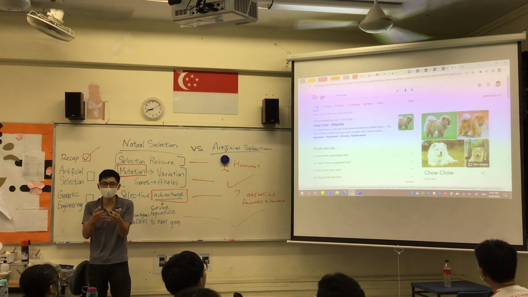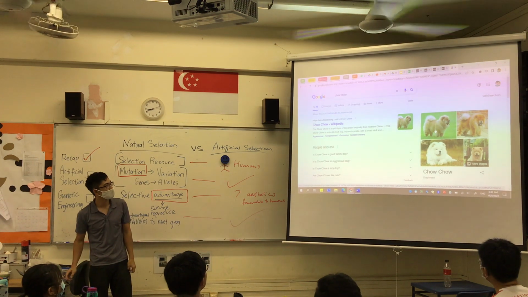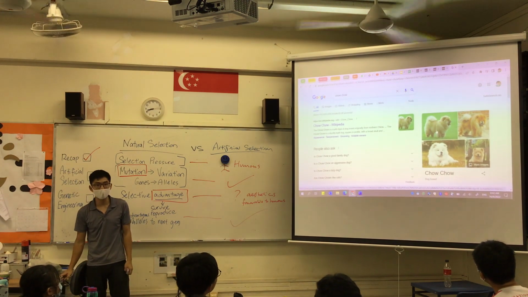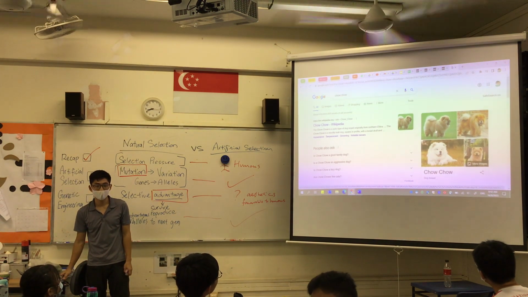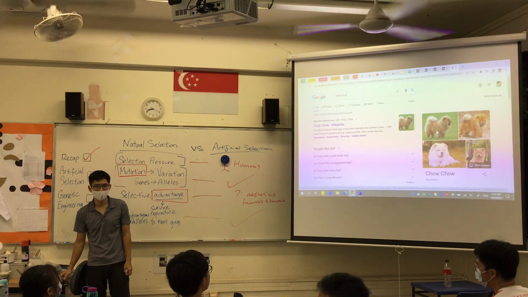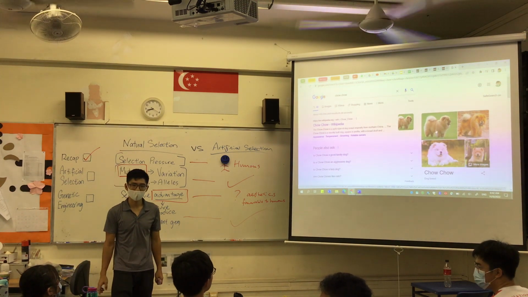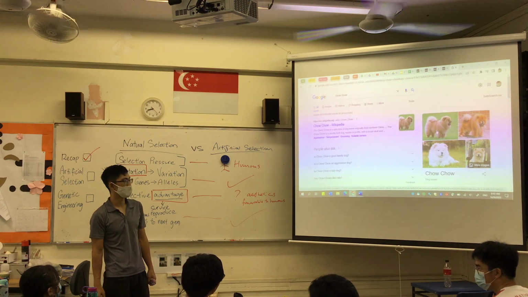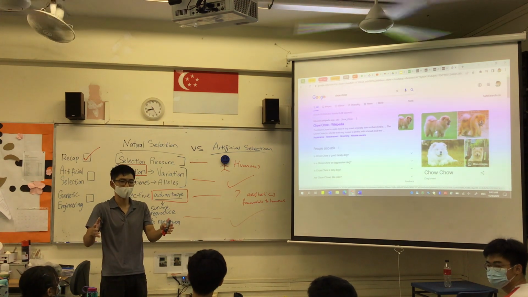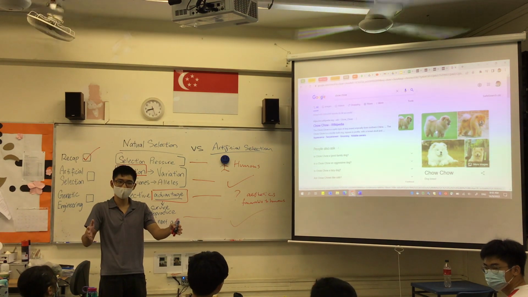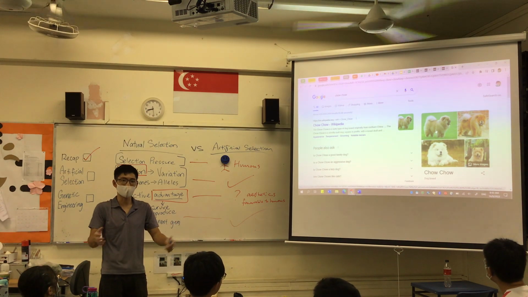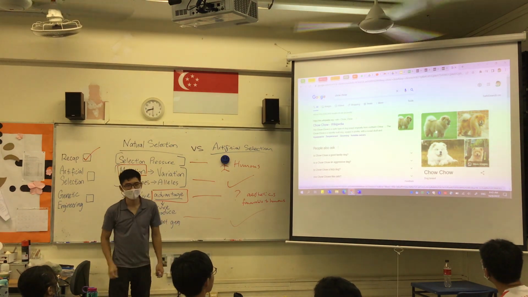I thought chow chow sounds small. Oh, it's huge, huh? It's from China. Is yours big? It looks big. It's quite big, but some other chow chows can grow really big, but mine is not that big. Is that adult size yet? Yeah, that's adult already. It's like a tiny bear.